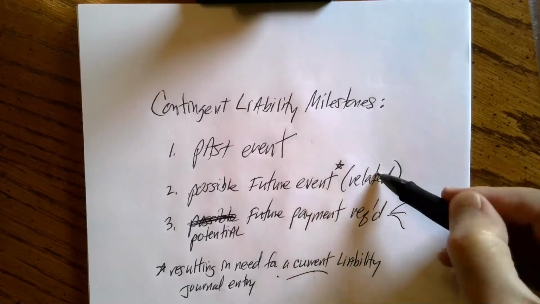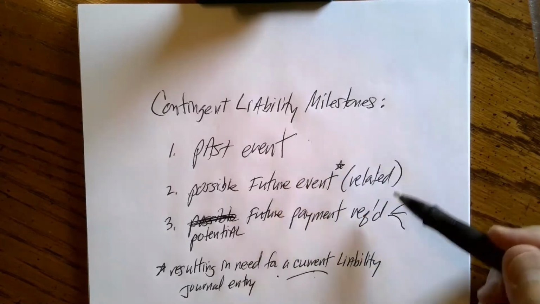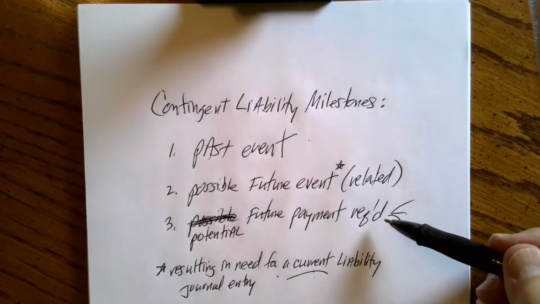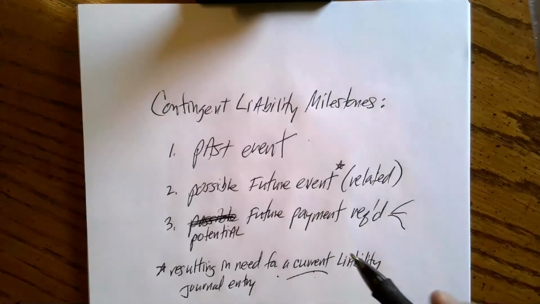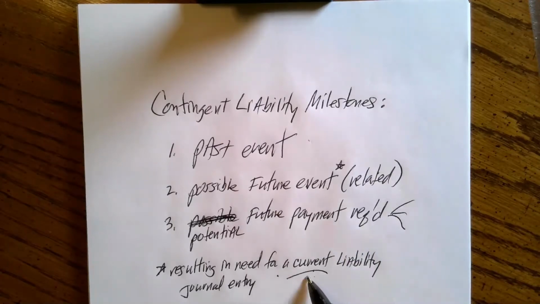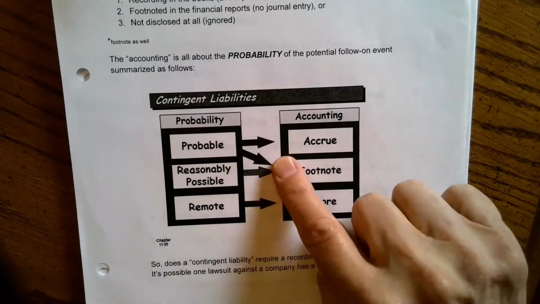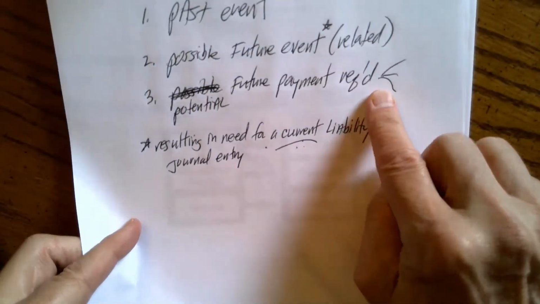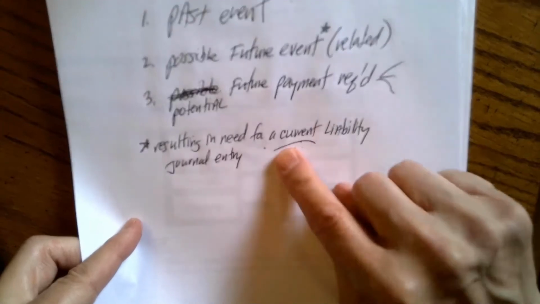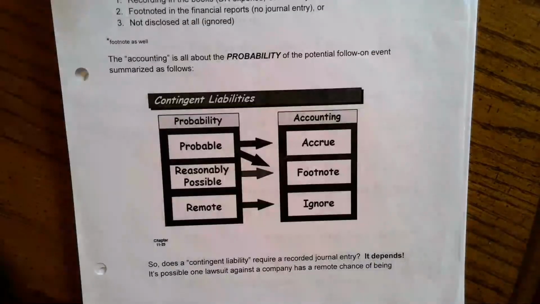That the contingent follow-on event to a past event has a probability of resulting in a future payment, which may result in the recording of a current liability now. Here's a chart that catalogs the future probabilities that may relate to the recording of a current liability.